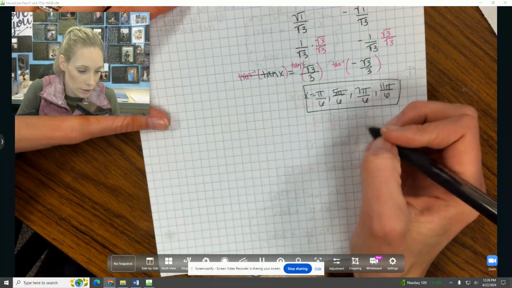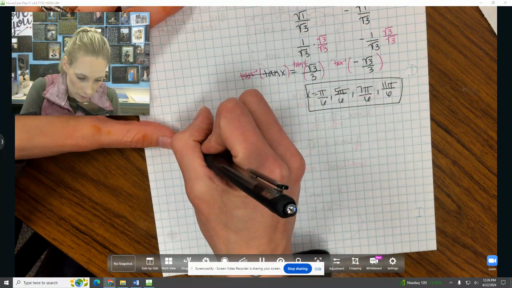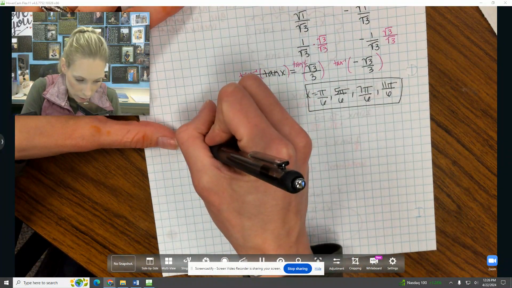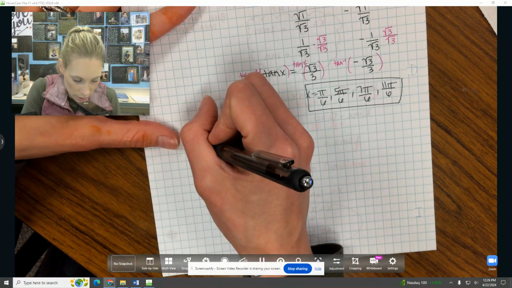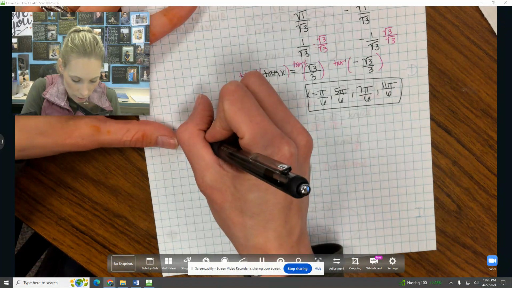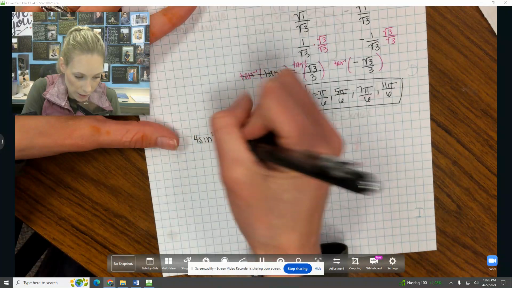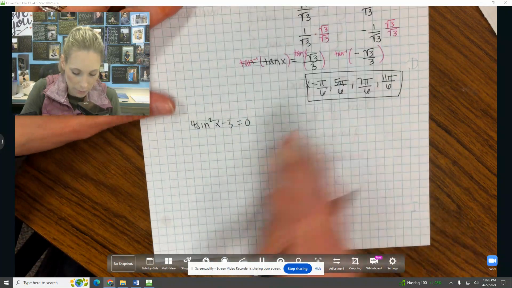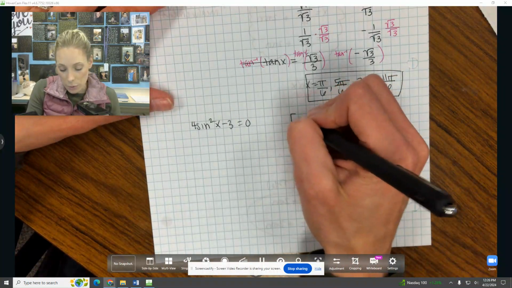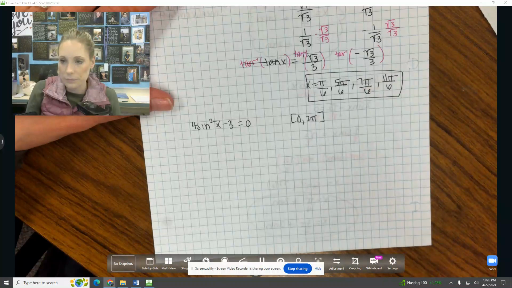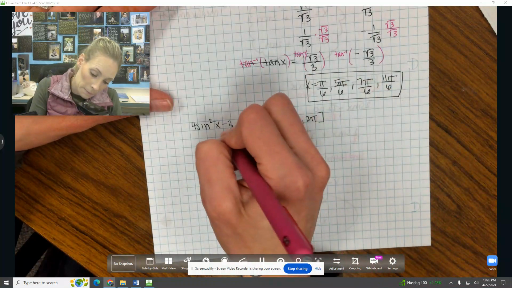So let's do 4 sine squared of x minus 3 equals 0. And again, let's only do 0 to 2 pi. We're going to add 3.